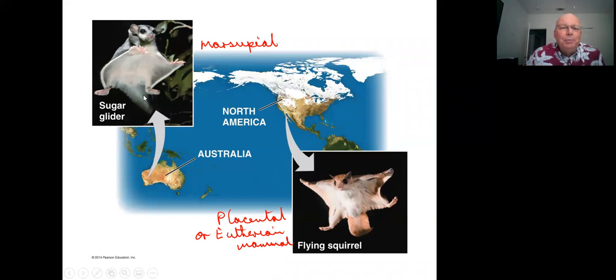So in fact, marsupials as mammals branched off the lineage of mammals that would eventually become the eutherian mammals very, very early and went their own separate way.